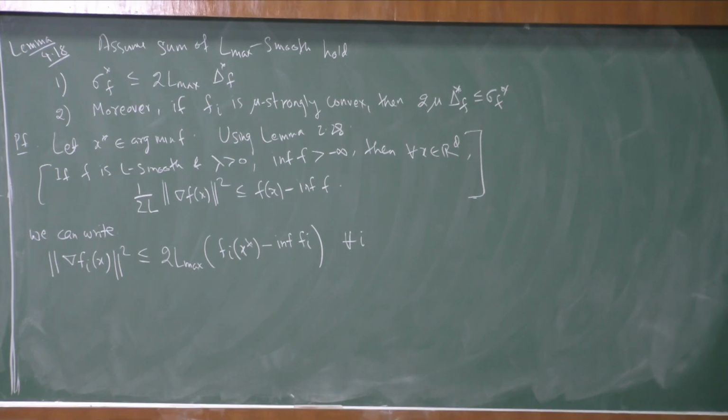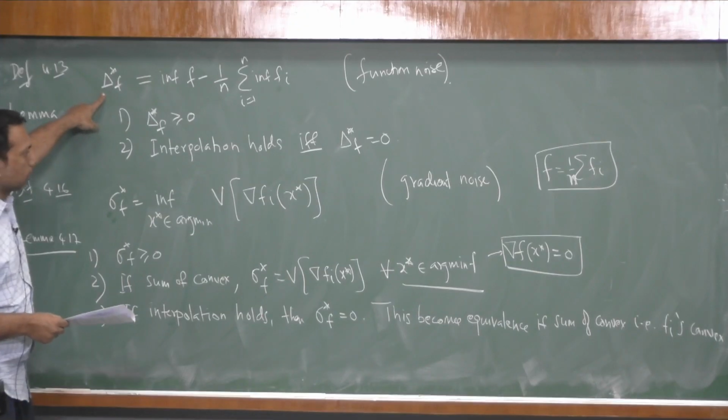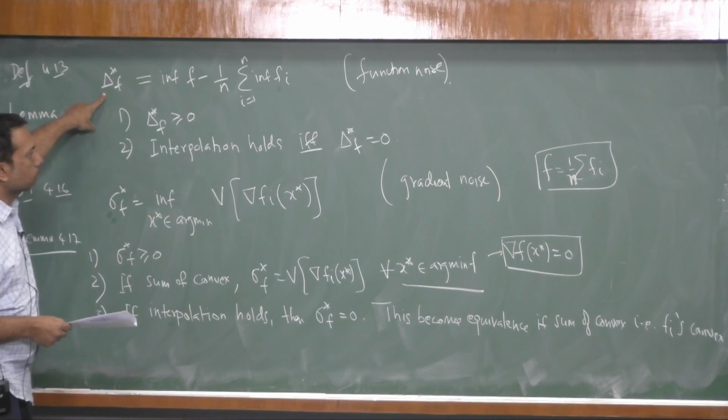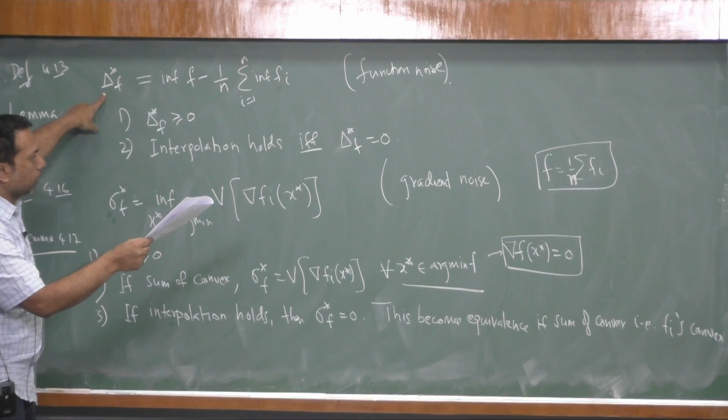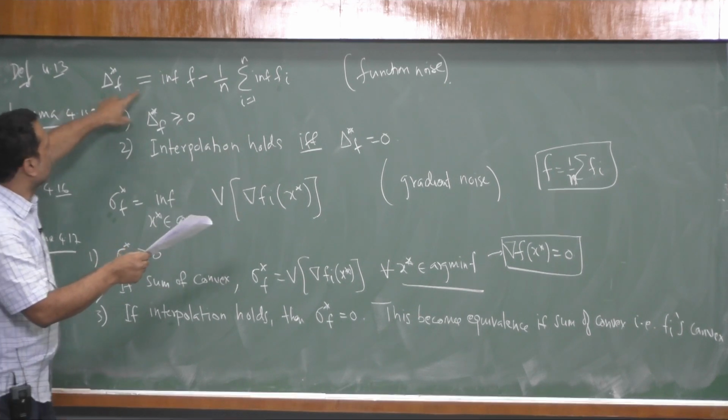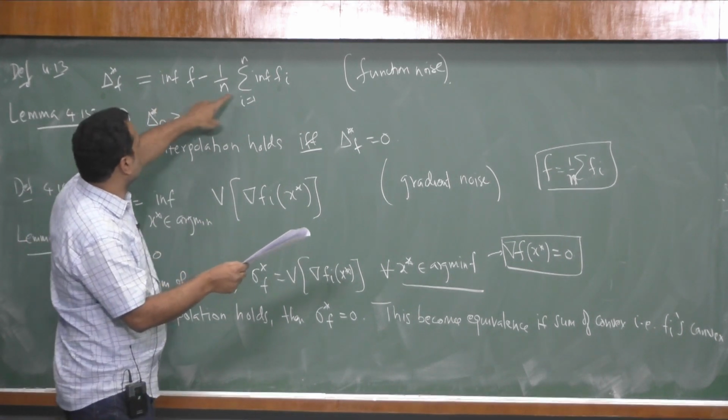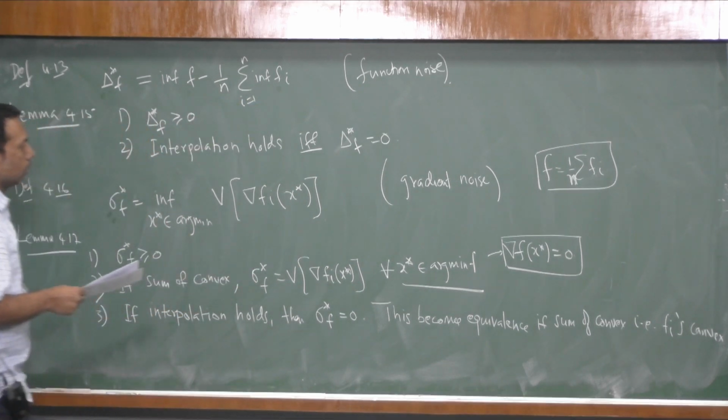Okay, what we are looking for is the relationship between sigma star f, which looks like this, and delta star f, which looks like this. We are supposed to show sigma star f is less than or equal to 2 L max delta star f. So delta star f seems to be the right hand side, which is of the form f(x star) minus infimum of fi.